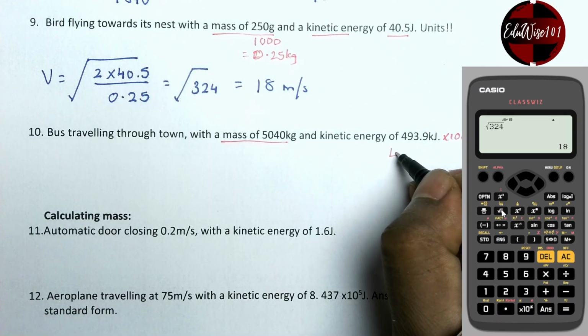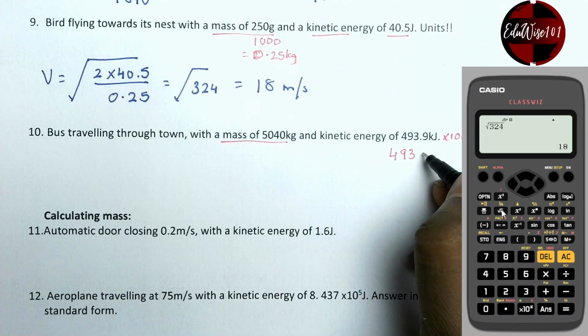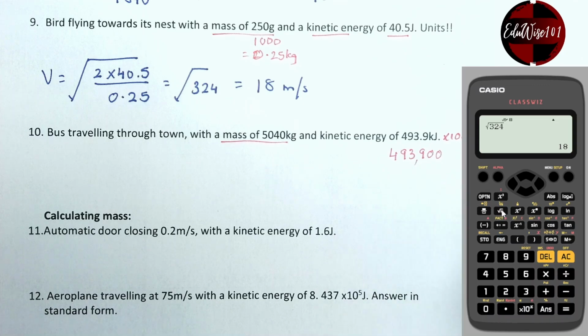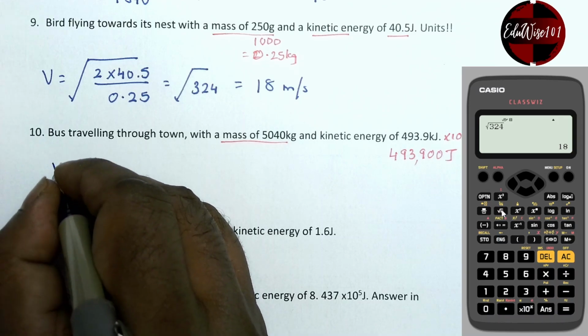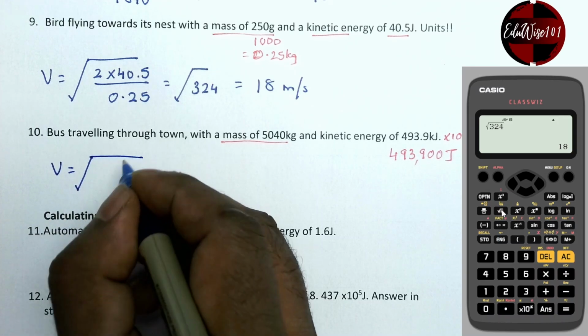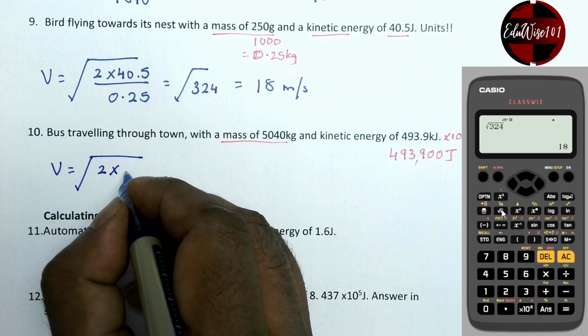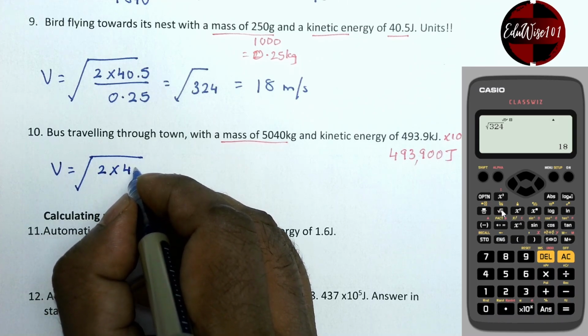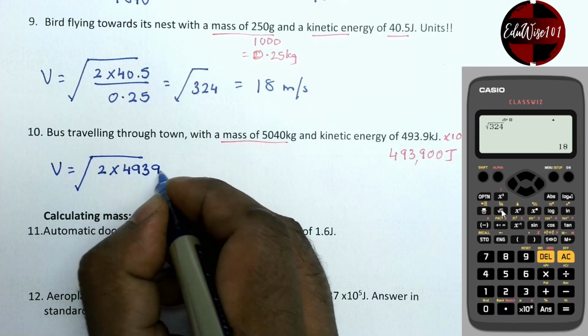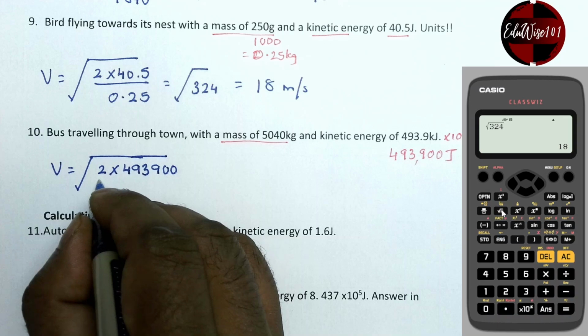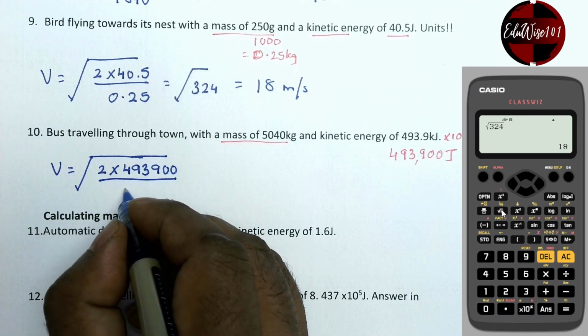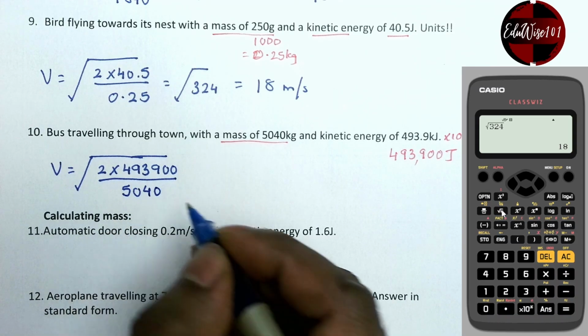That gives me 493,900 joules. So velocity is the square root of 2 times 493,900 joules. Divide that by 5040.